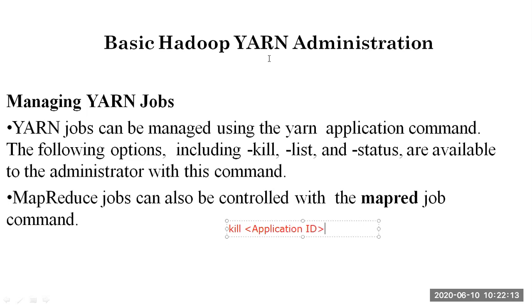So it is one way of doing this. Specifically, if you want to print the status of your application, I can use status application ID. Right, so this is how we will be managing your jobs.